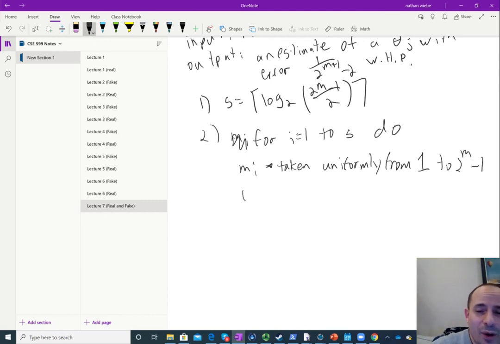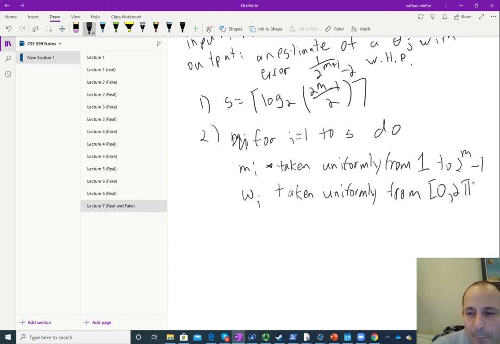Then what we do is the next most obvious thing. We take omega i, each of the frequencies we use for the RZ rotation, taken uniformly from the interval 0 to 2 pi. And again, remember this is a continuous value here.